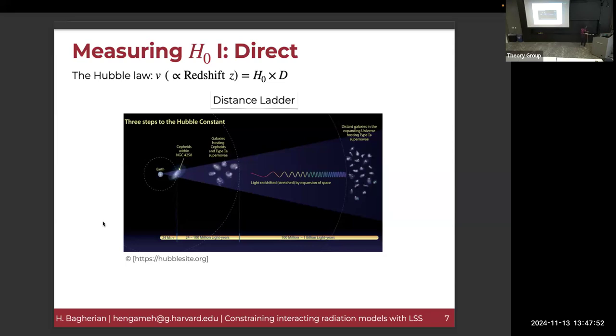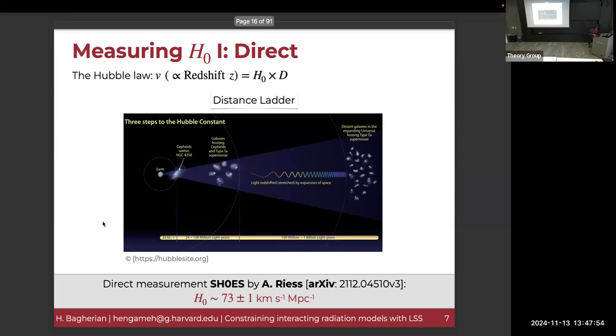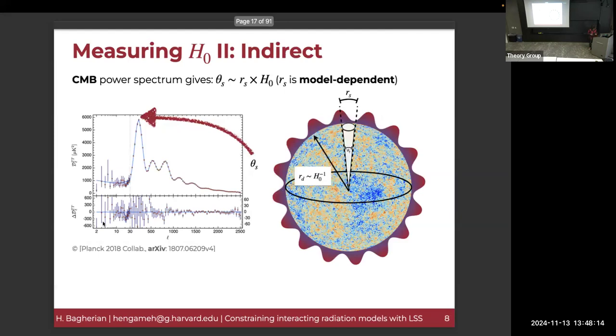There are two schools of thought on the Hubble tension, but the one I will be focusing on is the most famous one, the SH0ES measurement by Adam Riess's group. They use Cepheids as their calibration method, and they measure a value of the Hubble constant of 73 kilometers per second per megaparsec.